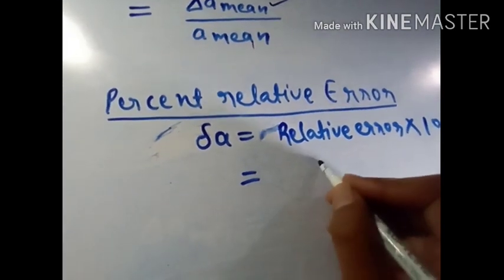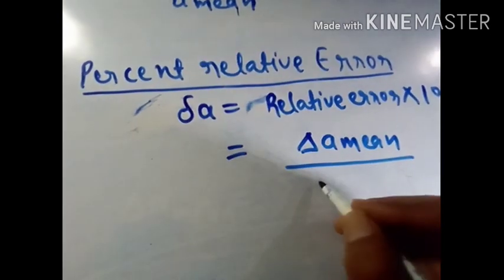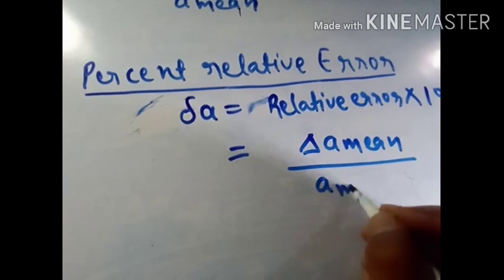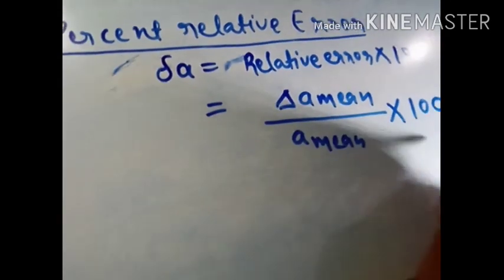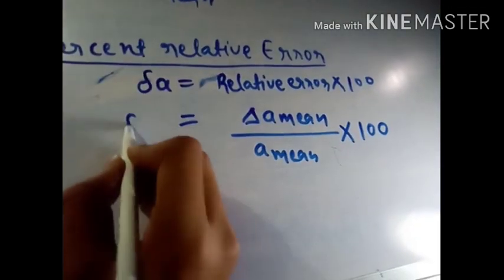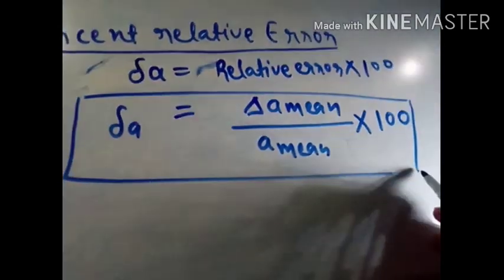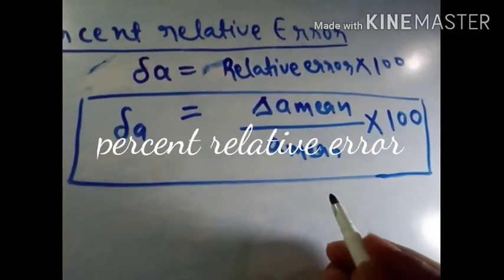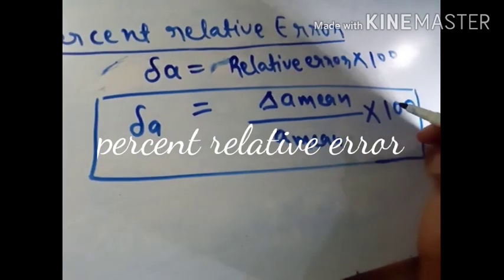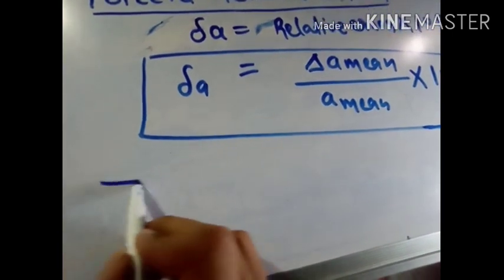So let me write the formula: delta A mean upon A mean, multiplied by 100. This gives you the percent relative error. Now this percent, like 2% error, 3% error, arises when you measure some value, like this length.